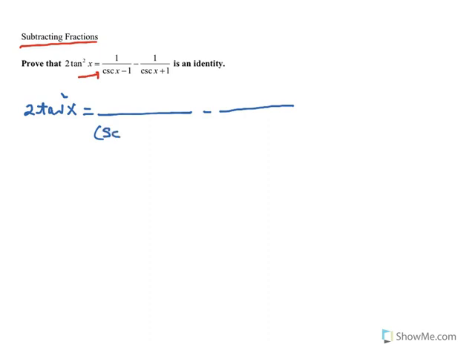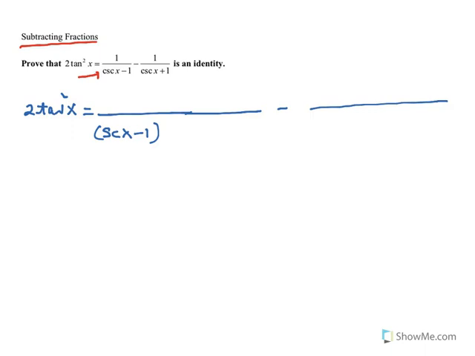So we need to represent cosecant of x minus 1. And I can already see I'm not going to have enough room, so let's erase this second fraction for the moment, and we'll make this one longer. Minus.